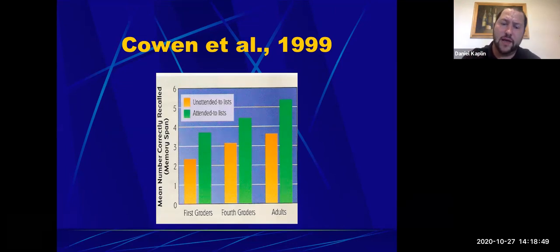But we see another point, and this is also relevant to when you study for tests. Those individuals who had unattended lists, distractions, or interference, well, that resulted in a weaker, smaller number of recall. So when people study for tests, they like to say, oh, I'm going to study for a test, but I'm going to put the basketball game on or some television show on in the background.